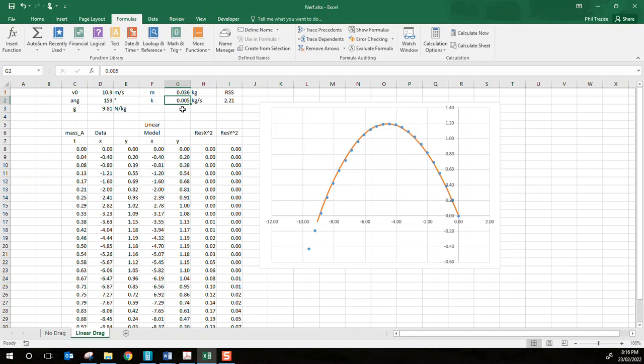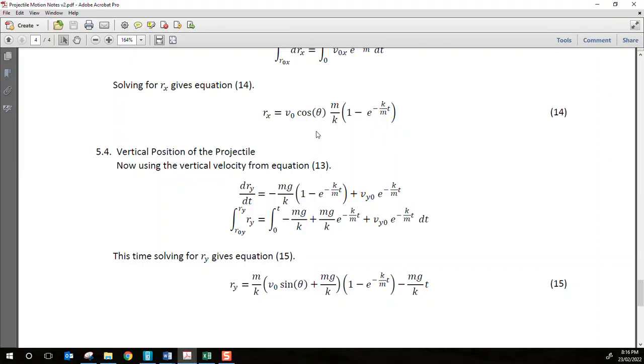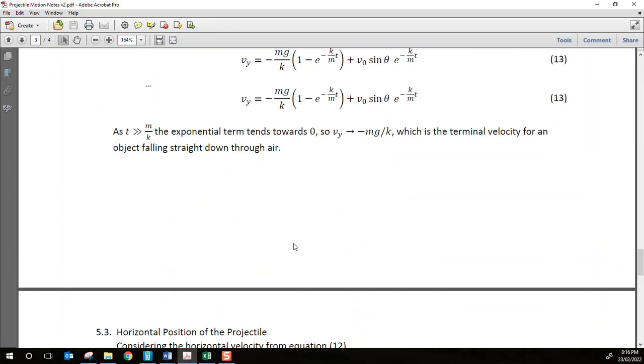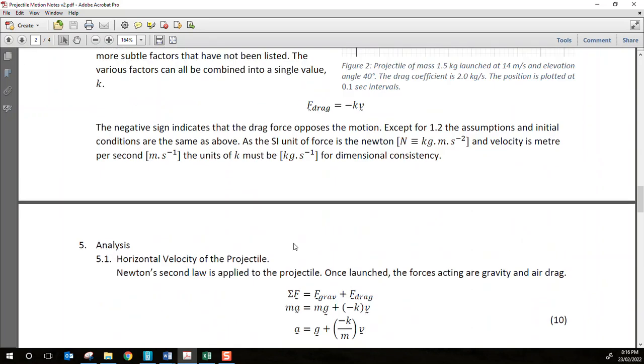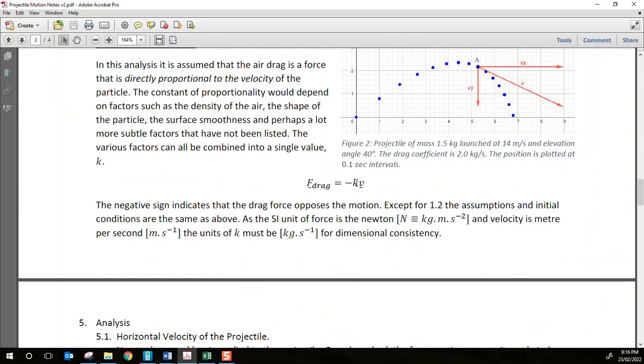I didn't think I could get much better than that. Is it perfect? Not at all, because my last prediction point is here, but the last observation is way down here. So although the shape of the curve is matching a lot better, there's still work to be done. It's probably not going to ever get perfect with this model. So this particular model is a model where the drag is modelled as a first power of speed or velocity.